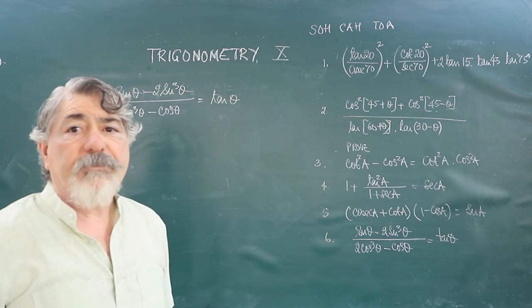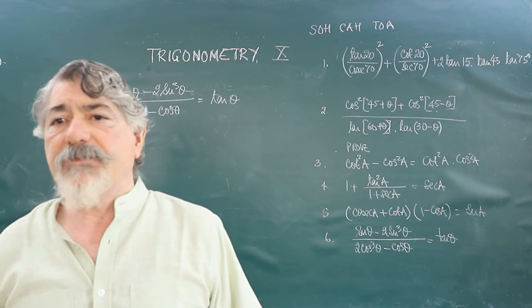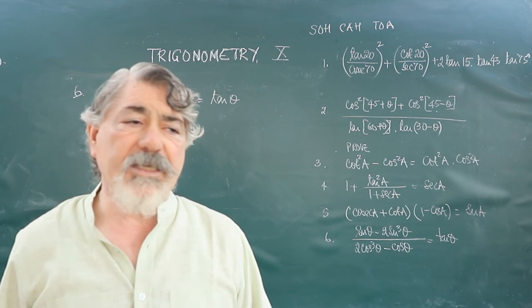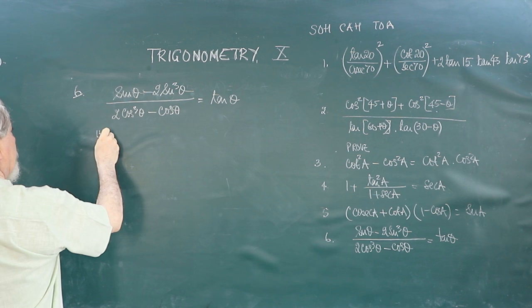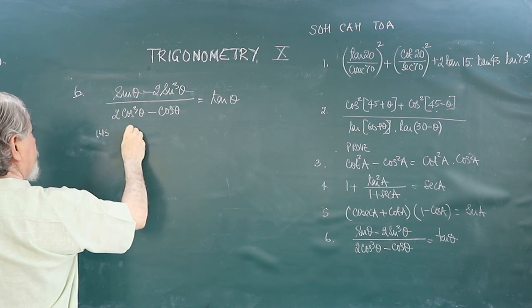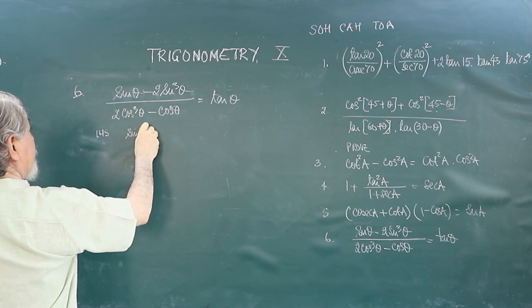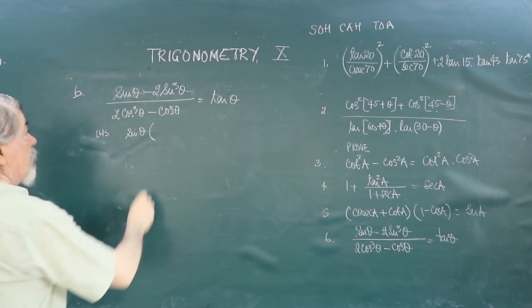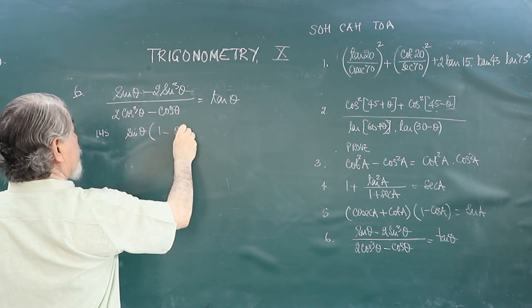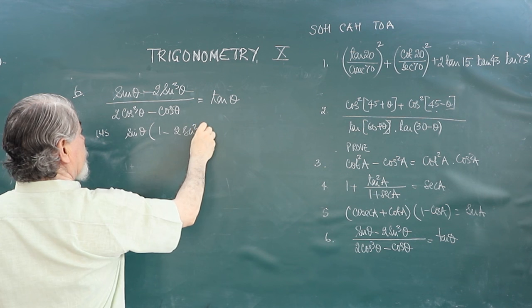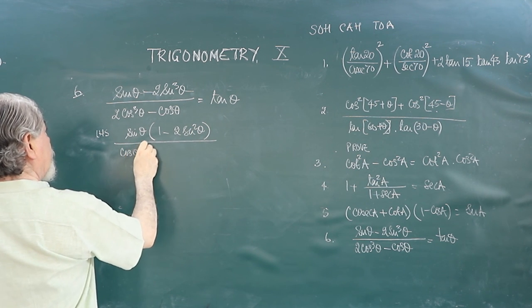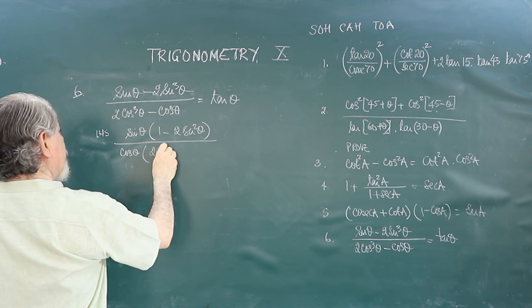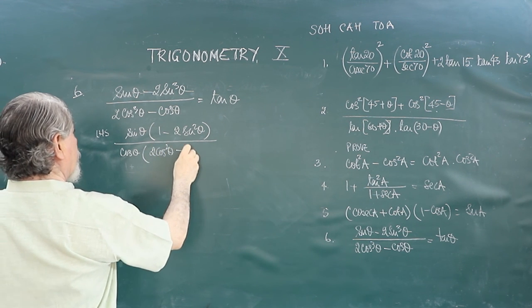Again, we are going to pick up the left hand side and start from the left hand side and go to the right hand side. You take sin theta common. What will be left? 1 minus 2 sin square theta upon, let me take cos theta common, 2 cos square theta minus 1.